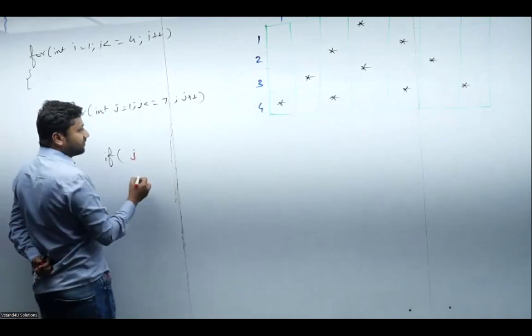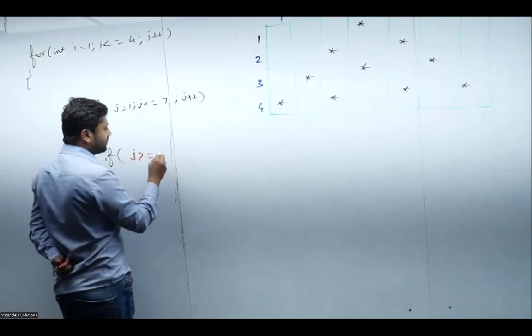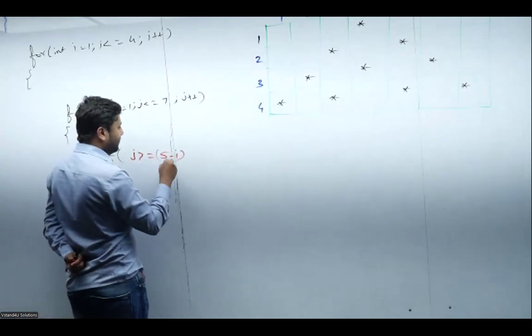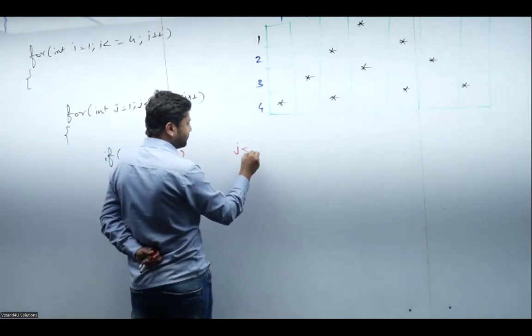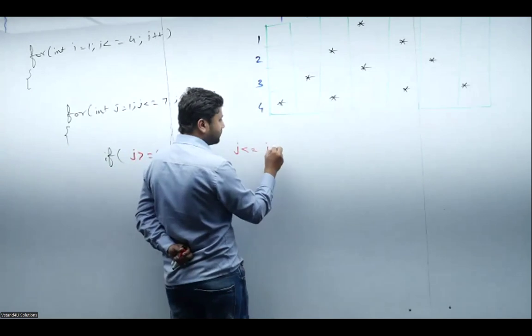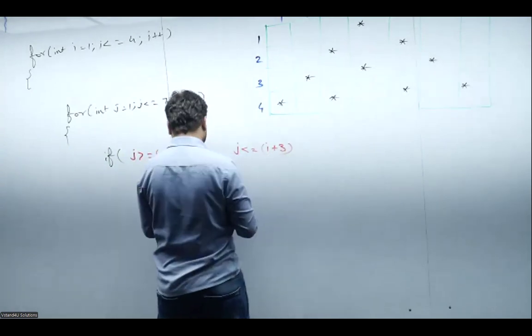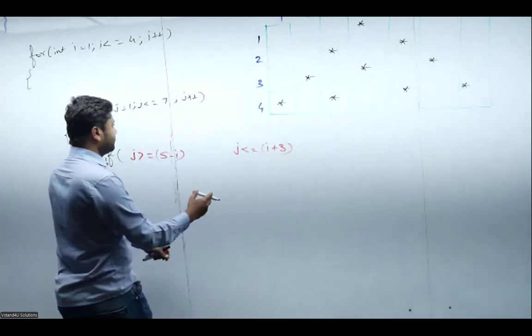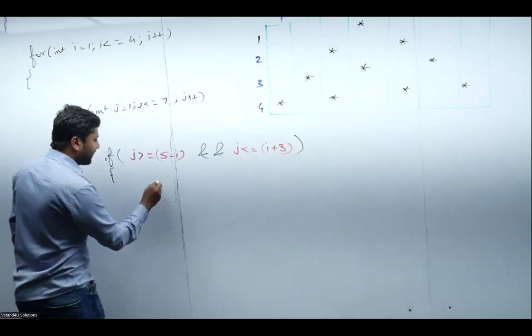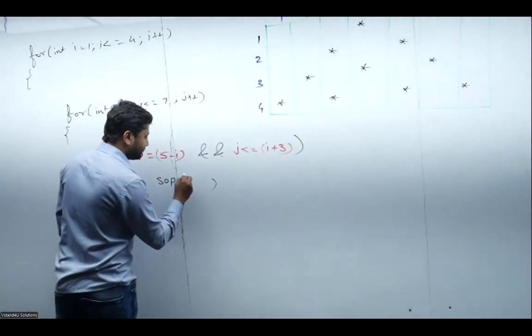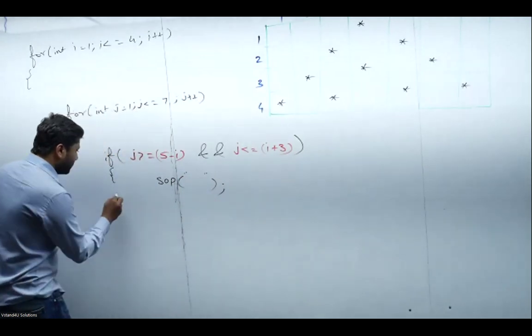J is greater or equal to 5 minus I, and am I right? Done. Then I am supposed to print. Am I right?